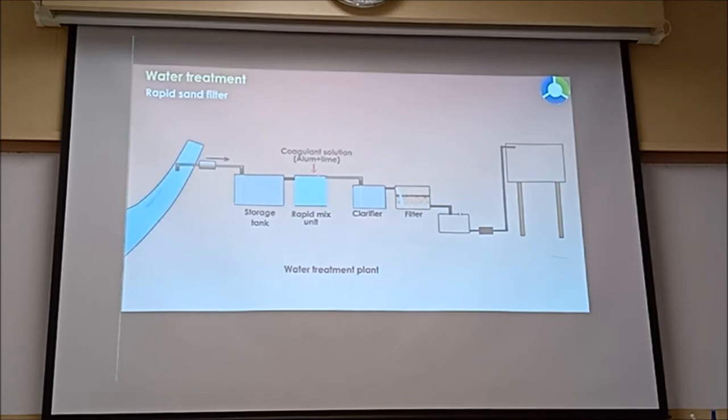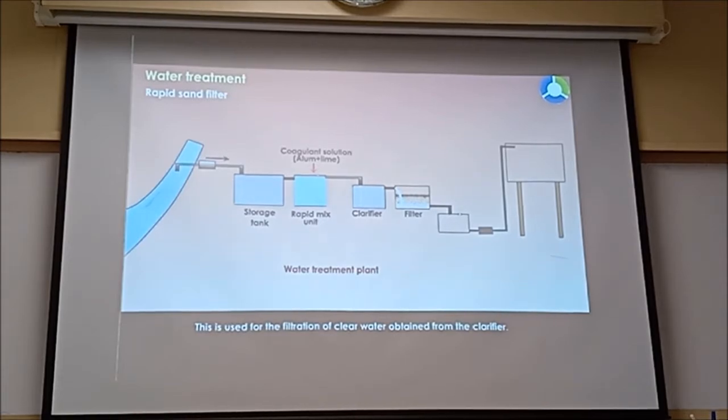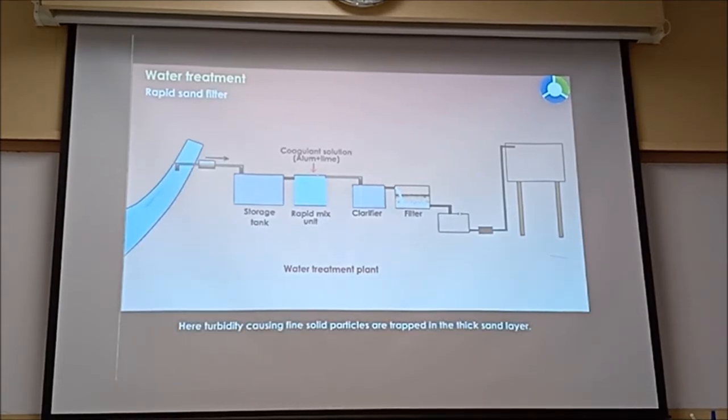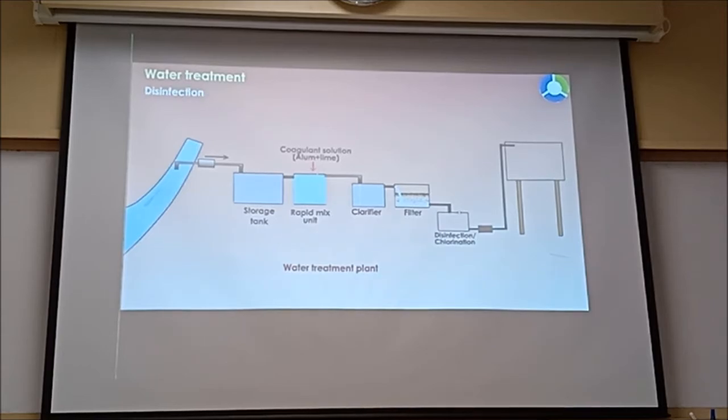Rapid sand filter. This is used for the filtration of clear water obtained from the clarifier. Here, turbidity-causing fine solid particles are trapped in the thick sand layer. Disinfection.